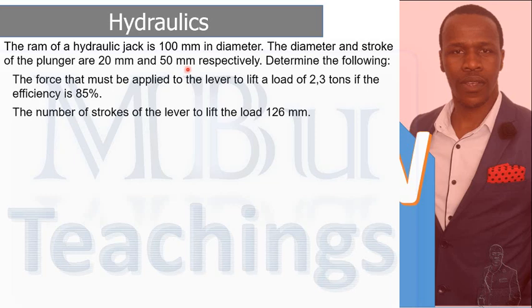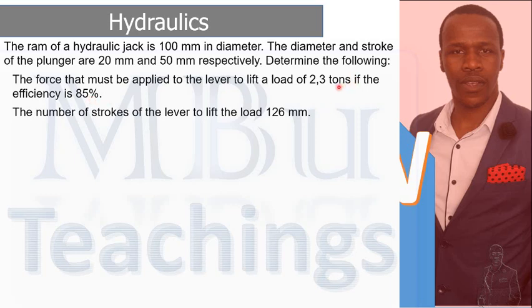That's why they said respectively, because 20 goes with diameter, 50 goes with the stroke length. Now they want us to determine the force that must be applied to the lever to lift a load of 2.3 tons if the efficiency is 85%.